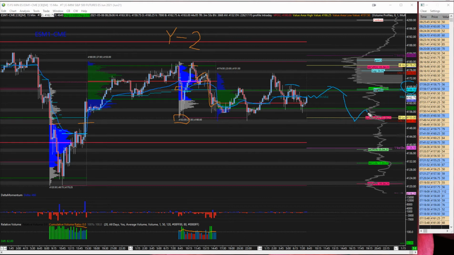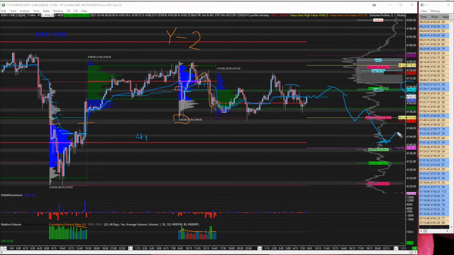Pull back and continue lower to the naked VPOC at 41.